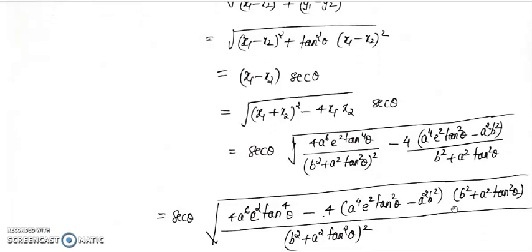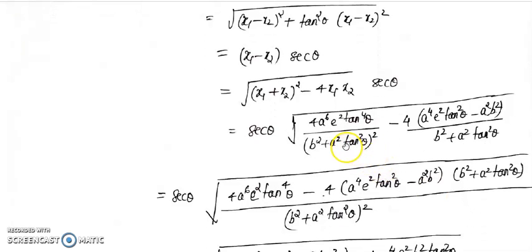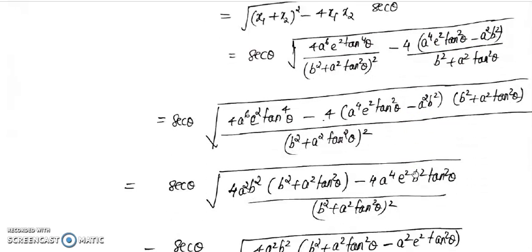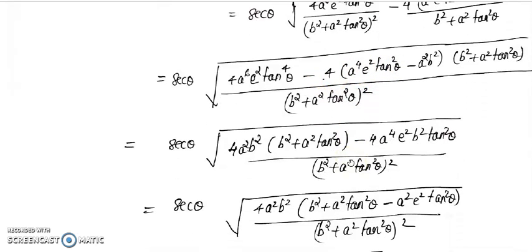Now taking the common denominator, multiply by b square plus a square tan square theta. Okay, and simplifying the numerator, this is what you are going to get. In this, the term 4a raised to 6 e square tan raised to 4 theta will cancel, and the remaining 3 terms remain.